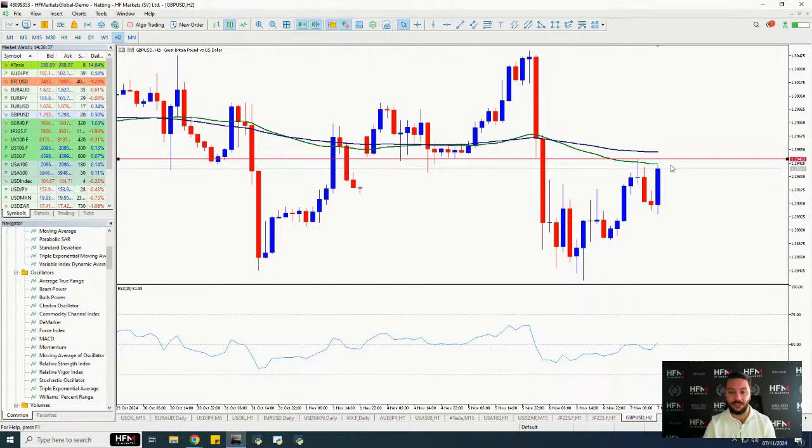The only thing that potentially we can take into consideration, which may indicate a slightly more hawkish scenario, is if we look at here, we've got a low, we have a low here as well. We also have a low here. If we look at the highs, we have a high and we have a high here. So we're seeing three lower lows, we're seeing two higher highs.